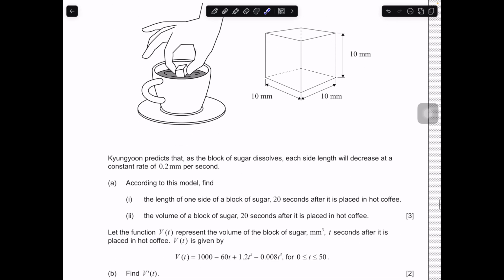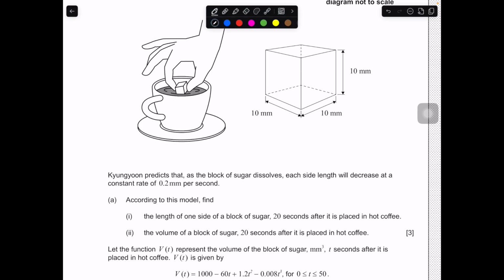Kyung-yoon predicts that as the block of sugar dissolves, each side length will decrease at a constant rate of 0.2 millimeters per second. According to this model, find the length of one side of a block of sugar 20 seconds after it's placed in hot coffee. And part 2 asks us to find the volume of a block of sugar 20 seconds after it's placed in hot coffee.